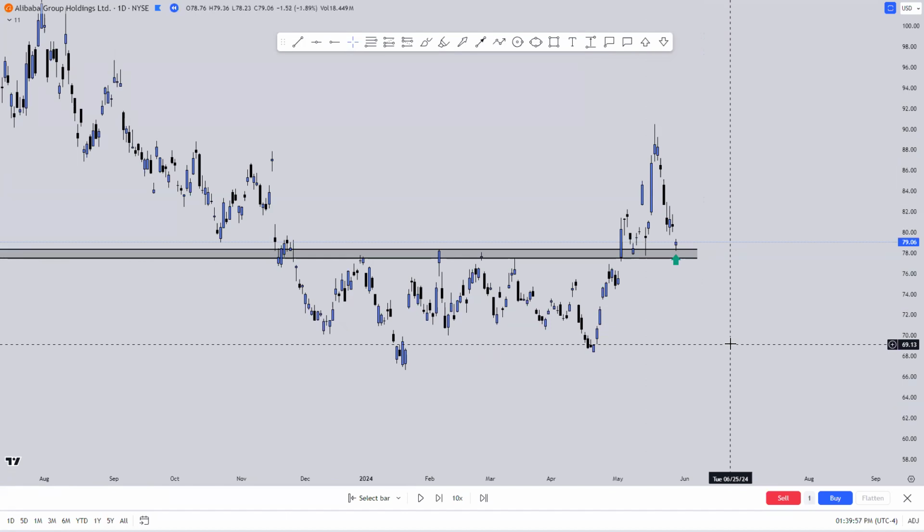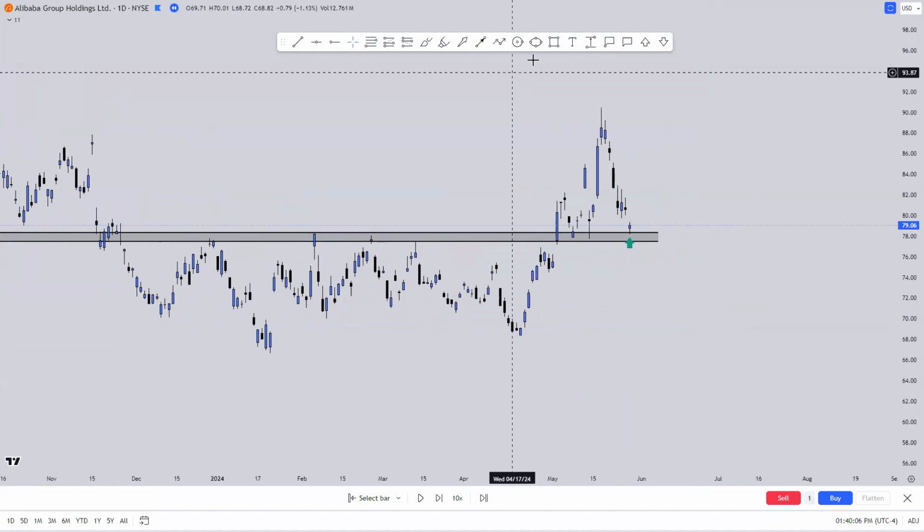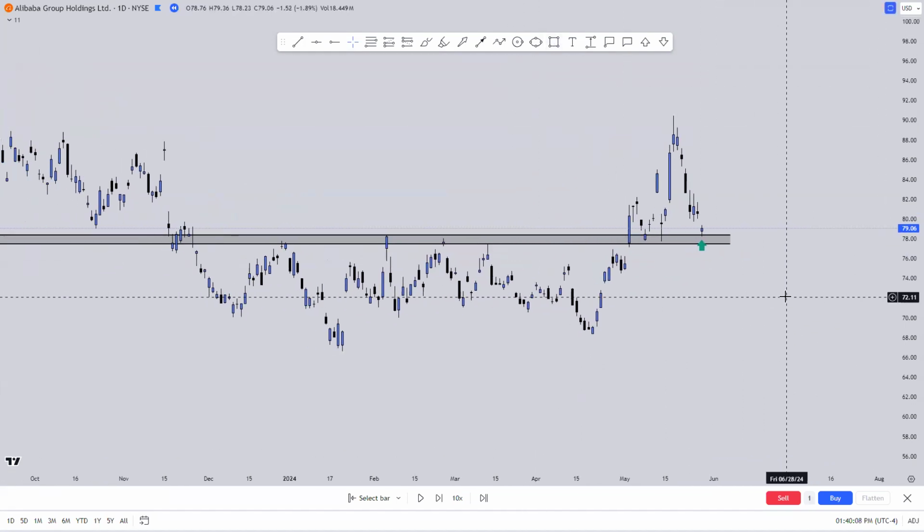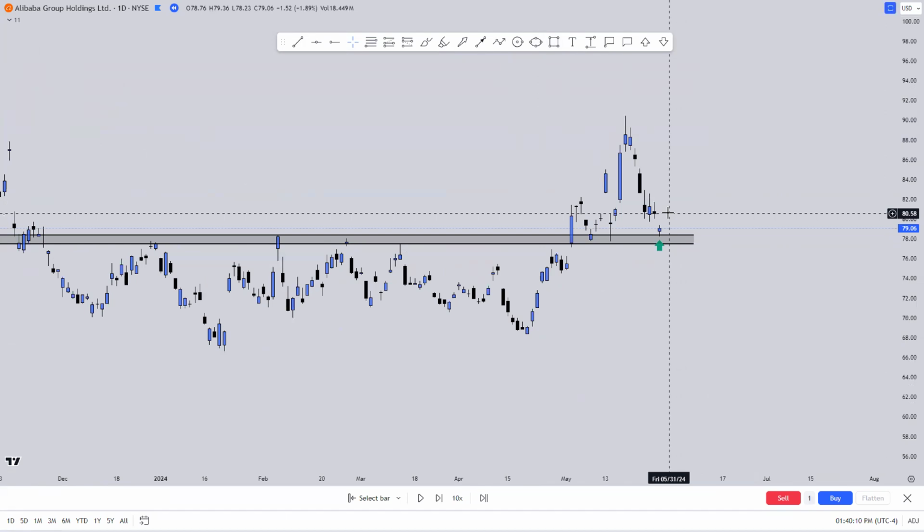Where was I looking to exit the trade, and why did I pick that area as my target? All right, so the way I go about looking for my target, because the approach that I'm doing is more of an intraday or a short swing.